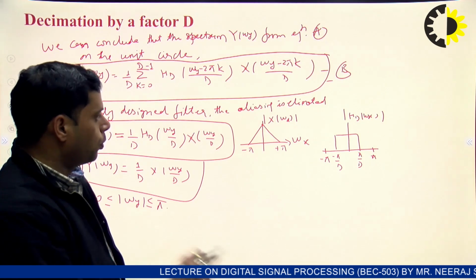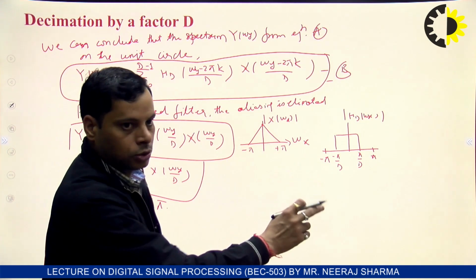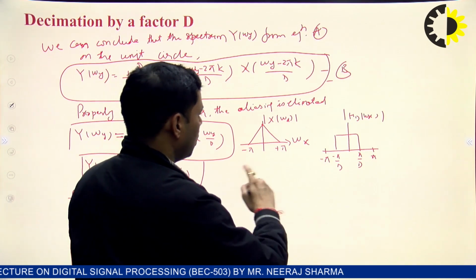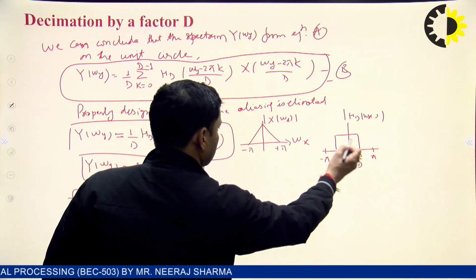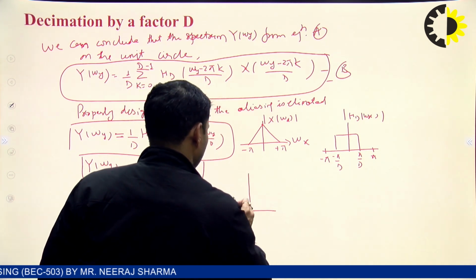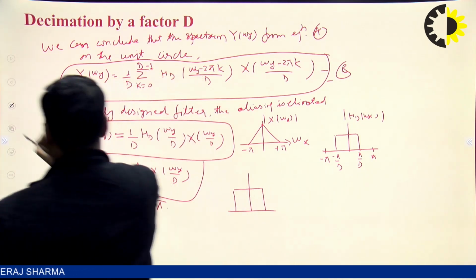So, the output after the input xn is applied to the impulse response, the output v of n, will be the multiplication of these two.